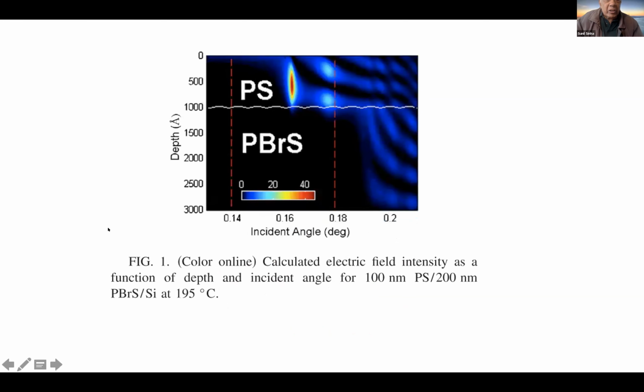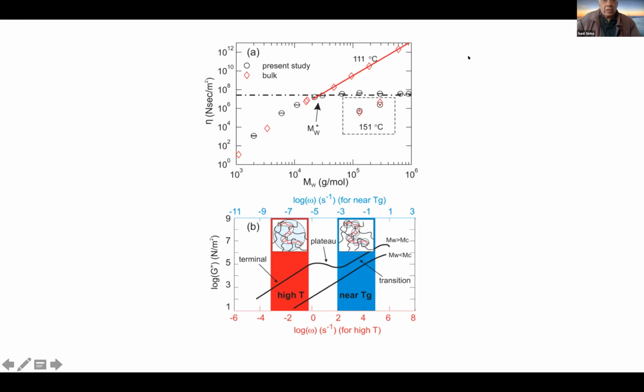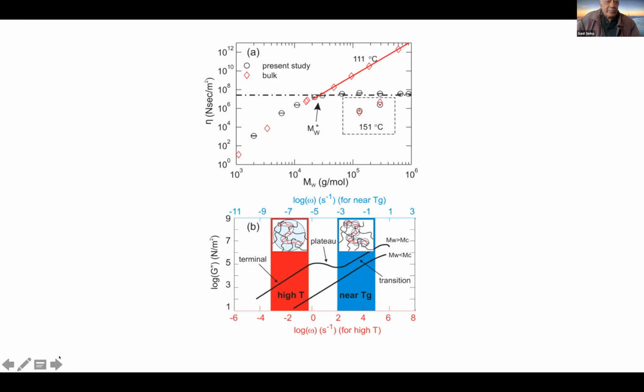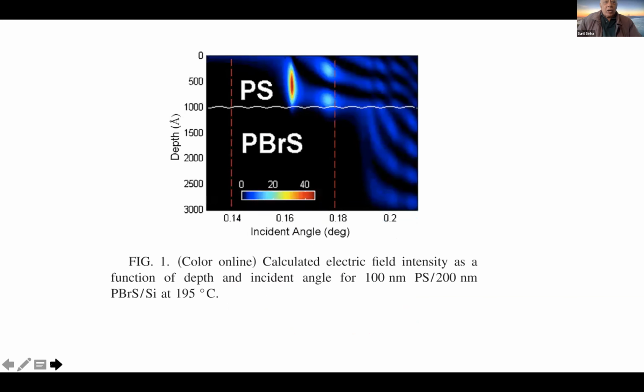And then there's work we did with Jyotsna Lal and her students on a two-layer film, polystyrene and polybromostyrene.